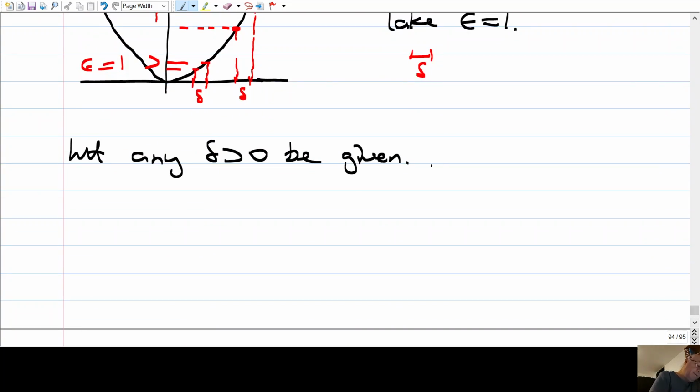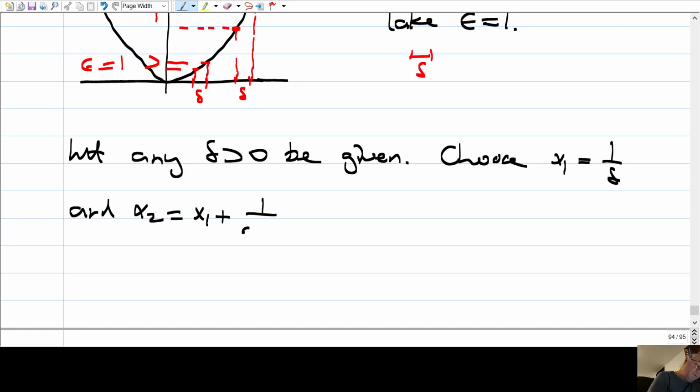Now choose x1 to be 1 over delta and x2 to be x1 plus delta over 2.